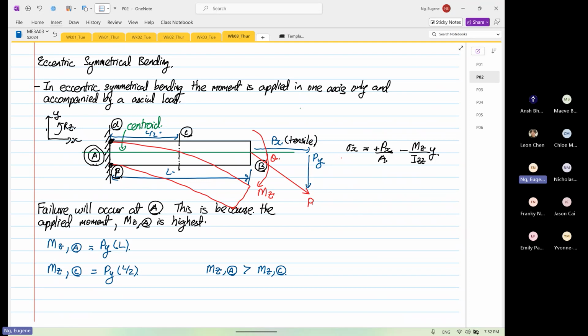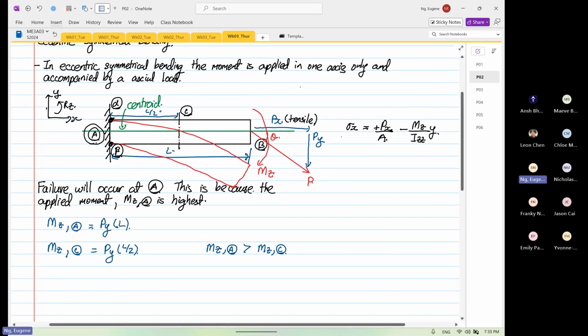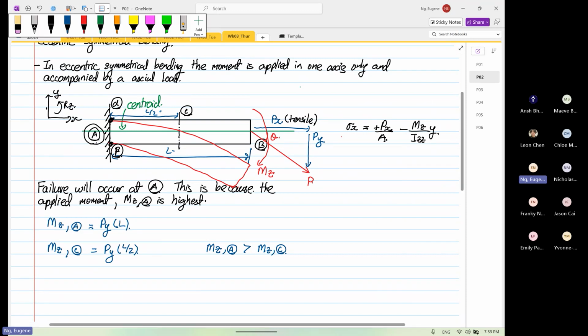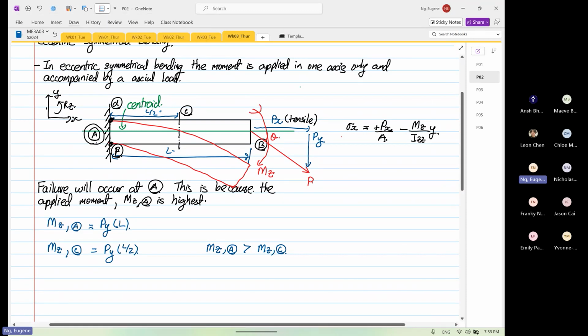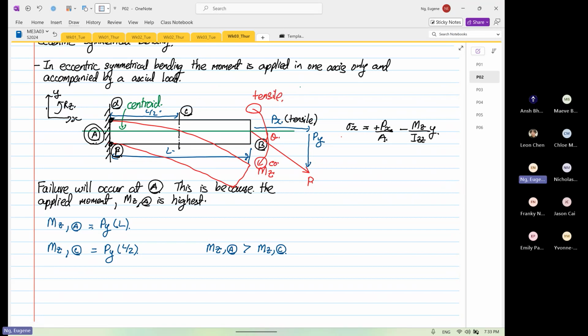So if I'm going to write out the stress now, once I draw the moment vector, we know that the tail end is in what? Tensile. The head end is in what? Compression.